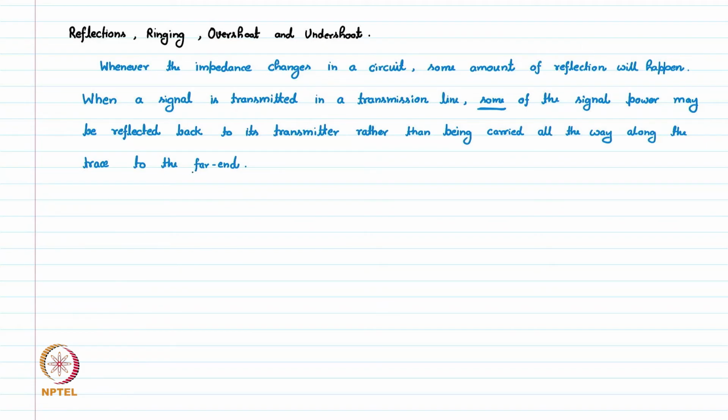So not all the power will reach the far end, 10 or 20% will come back to the near end. The reflected signal will travel back until it encounters another change in impedance and gets reflected again. So this is, let's say, point 1. When it is reflected back and going back to the near end, at the near end again it will see the discontinuity and some portion will bounce back again from the near end to the far end.